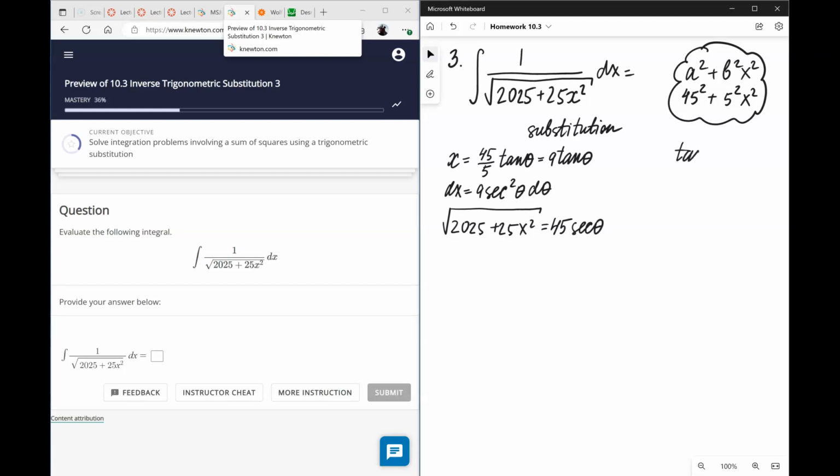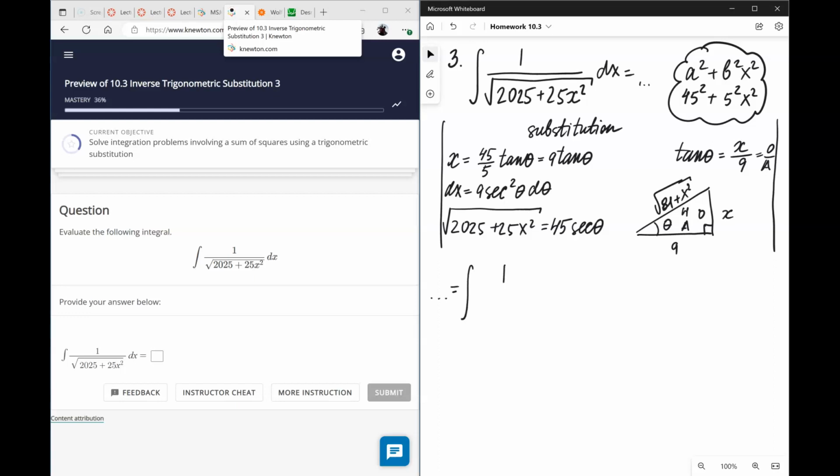And since tangent theta is equal to x over 9, and it's opposite over adjacent, my reference triangle will look like this. And the hypotenuse is square root of 81 plus x squared. Now we're ready to do the substitution. My integral now becomes this.